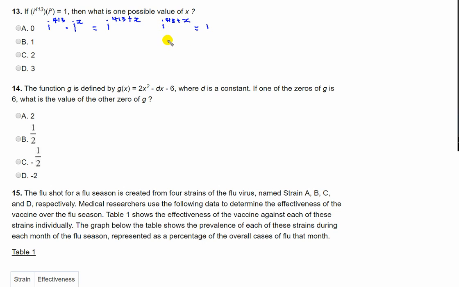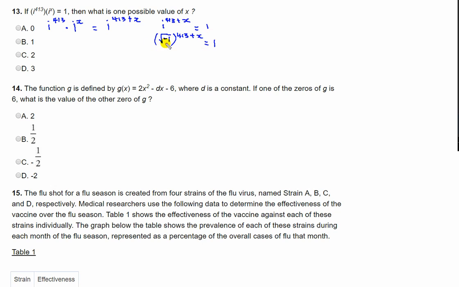You know that i is equal to square root of -1. So this is actually negative 1 to the power of 413 plus x equal to 1.